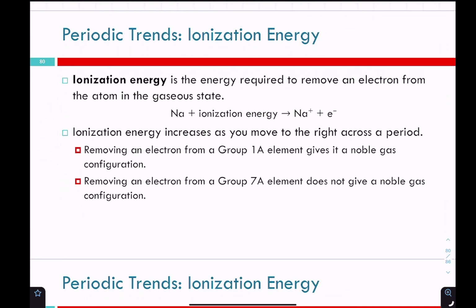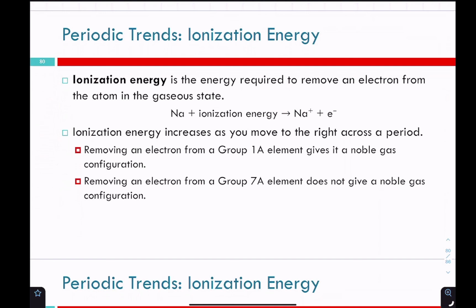On the right side of the periodic table, fluorine needs to gain one electron to get to neon. So if you try to take away an electron from fluorine, that's moving in the opposite direction from where it wants to go. It's going to be really, really hard. And fluorine is actually, I think, the hardest element to remove electrons from.